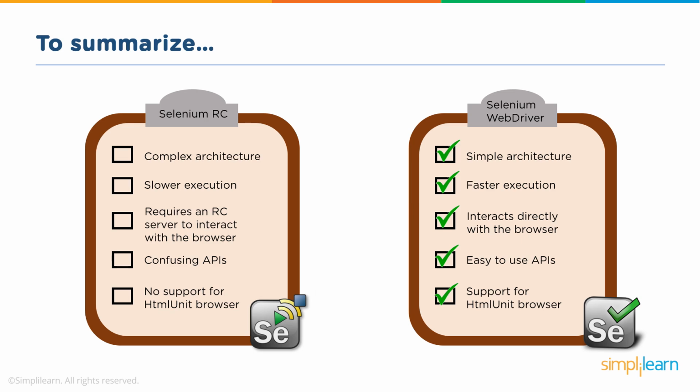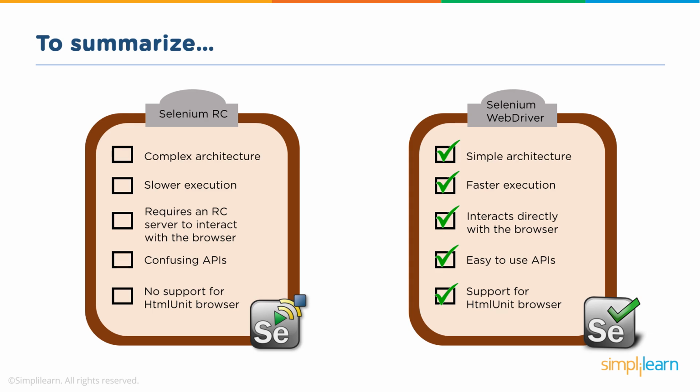Now, to summarize all this, if you look at the RC and WebDriver comparison which we talked about, RC has a complex architecture, whereas WebDriver has a simple architecture, for the main reason that WebDriver removed the need for an intermediate server. With RC, the execution of your test cases or automation scripts is much slower than with WebDriver.